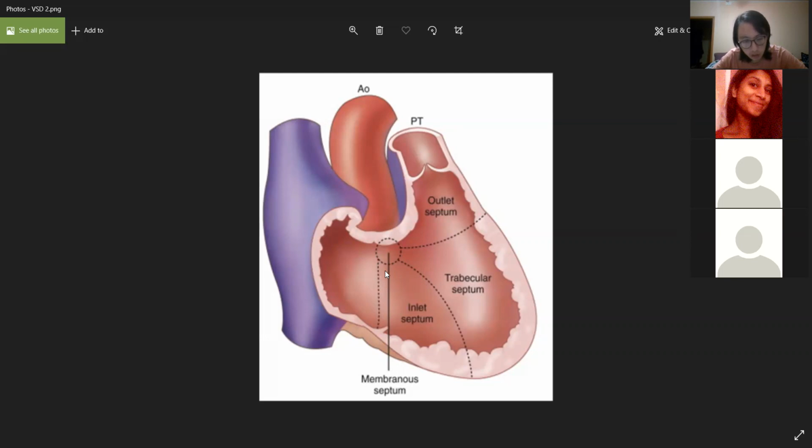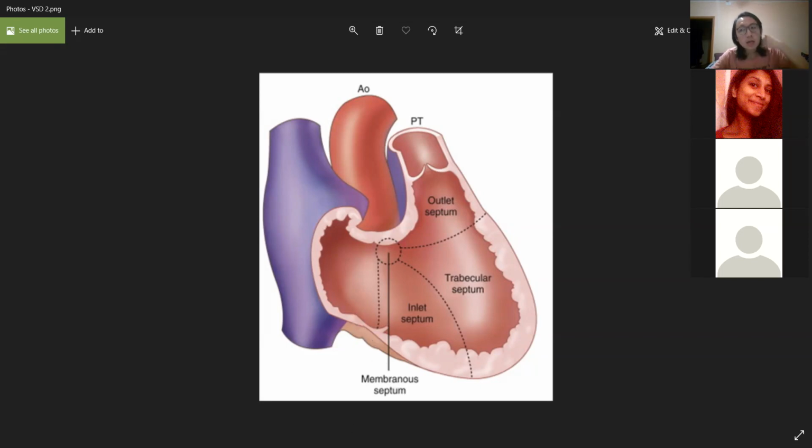AV canal, and atrioventricular septal defect type, AVSD. From the name itself, you know that it's inferior to your atrioventricular valve as well.